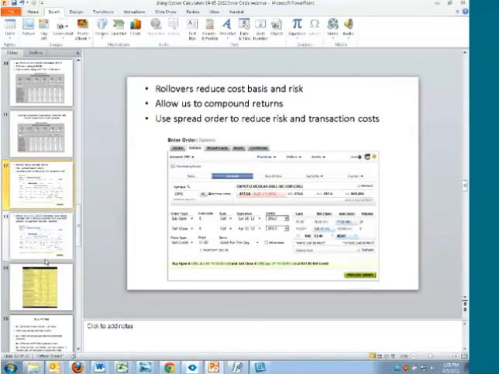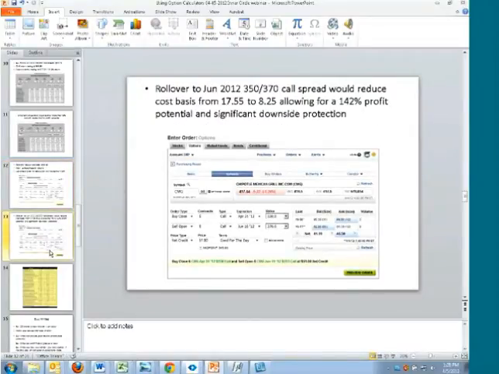And then it would take a second spread order, and with the second spread order, you're going to buy to close the current 320. We're currently short the 320 call, so you're going to buy to close that, and then you're going to sell to open, let's say, the 370 call. So if we roll this over, we'll wind up with the June 350 and 370 call spread.